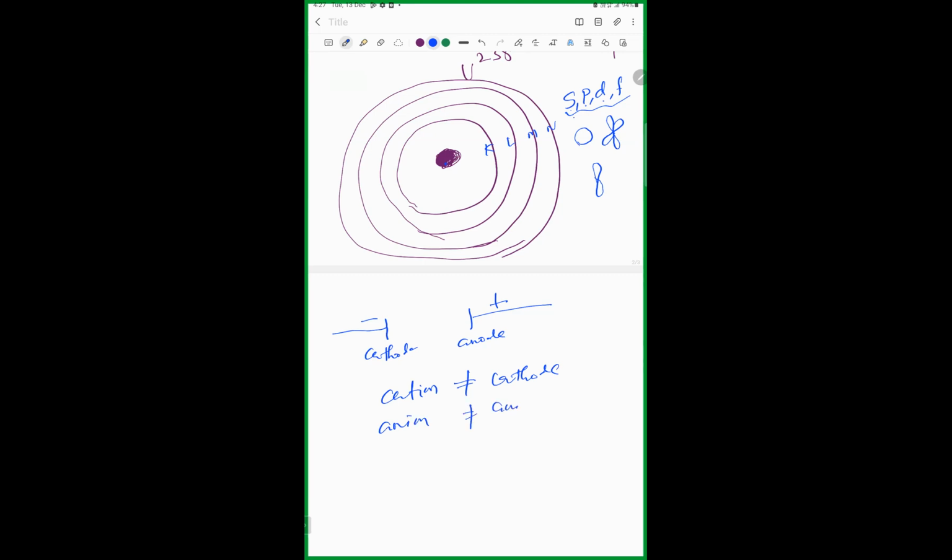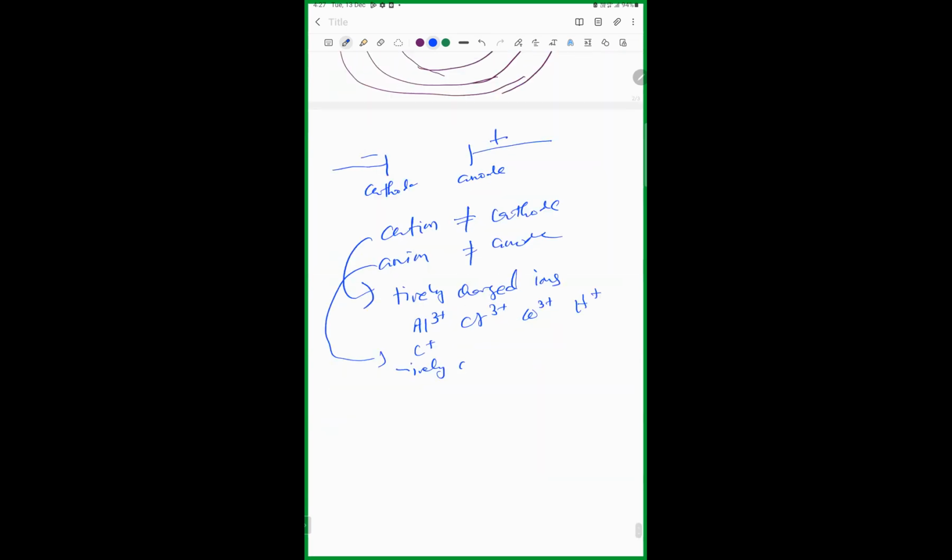Cations are positively charged ions, for example Al3+, Cr3+, Co3+, H+, like that. Anions are negatively charged ions, so H-, Br-, Cl-, OH-, like that.